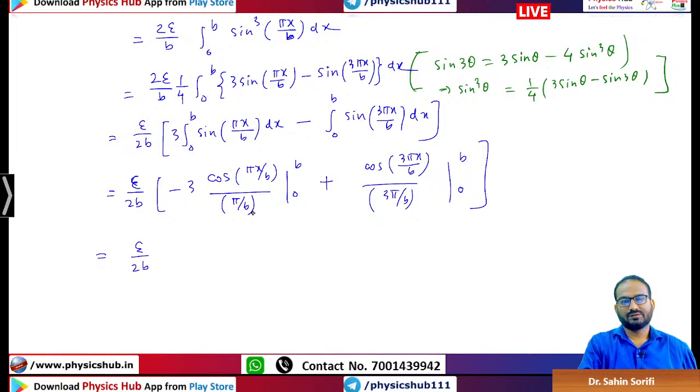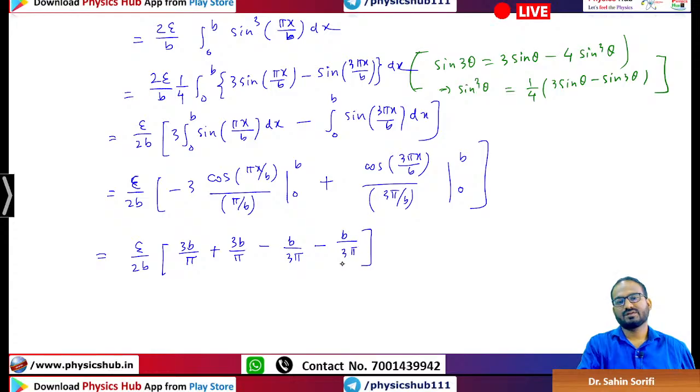Epsilon by 2B, this will be 3B by pi, and if you put x equals B, cos pi is minus 1, so this becomes plus 3B by pi. Next, if you put 0, minus minus plus, so this becomes again 3B by pi. Next, if you put B here, cos 3 pi is minus 1, giving B by 3 pi, and cos 0 is 1, giving again minus B by 3 pi.